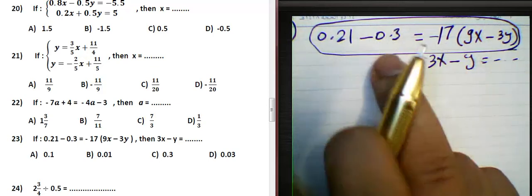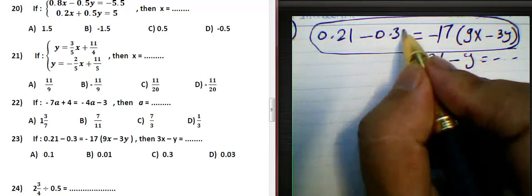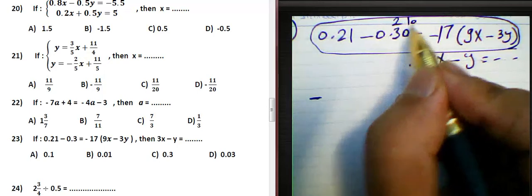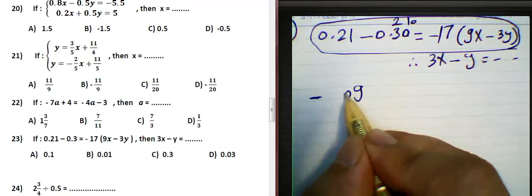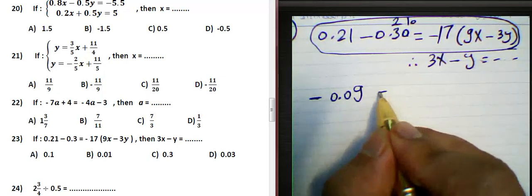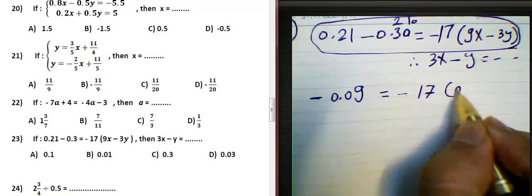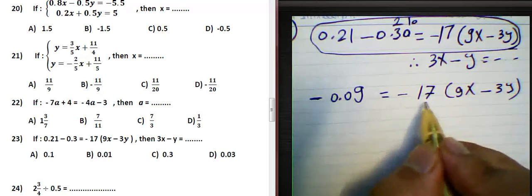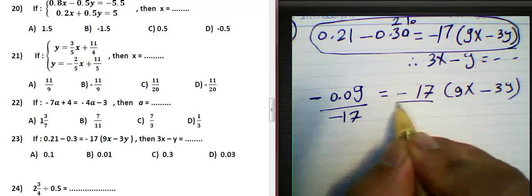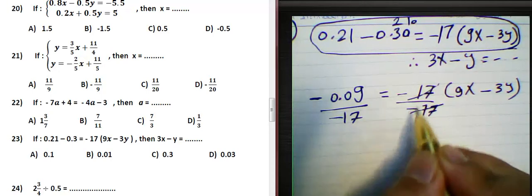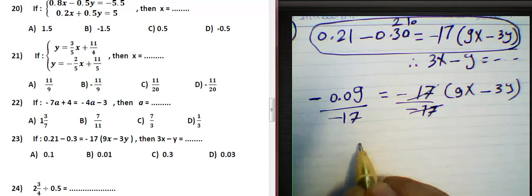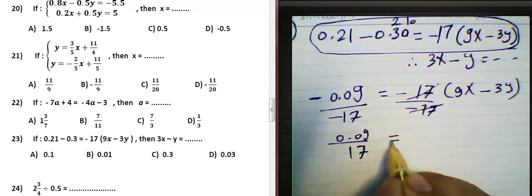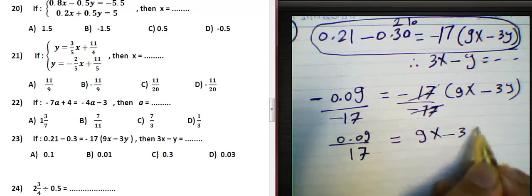You can find the result of the left hand side here. The result will be negative 10 minus 1 equals 9. 2 minus 2 equals 0. 0 equals negative 17 multiply 9x subtract 3y. We can divide by negative 17 here and here to cancel this coefficient. Negative divided by negative equals positive. So the result will be 0.09 over 17 equals 9x minus 3y.